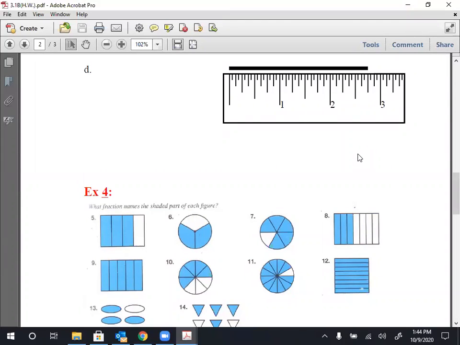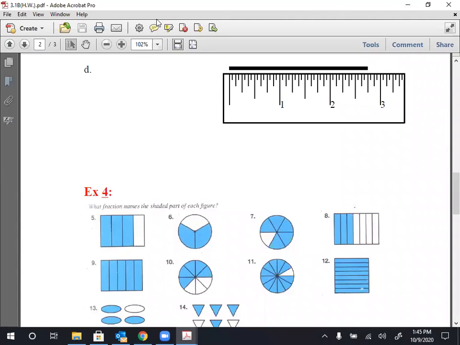What I'm saying is this, okay? For number 5 on the worksheet, we have 4 parts total and 3 blue shaded portions, right?